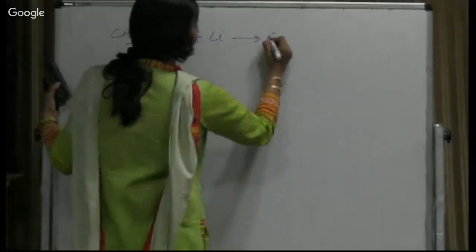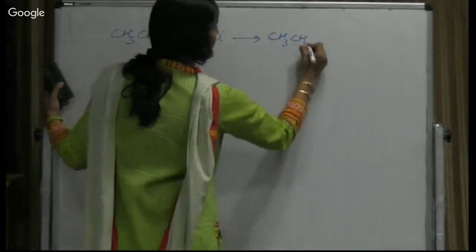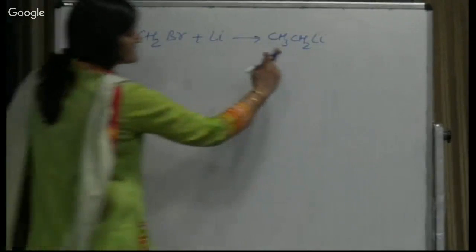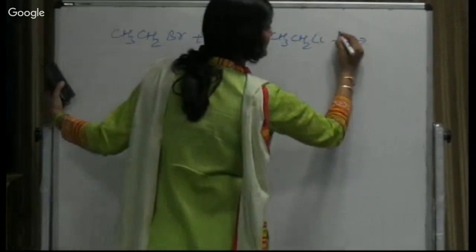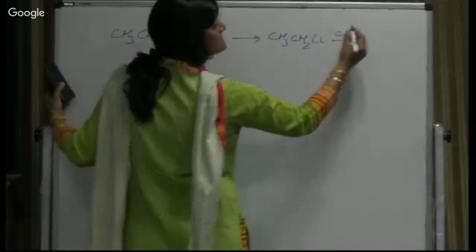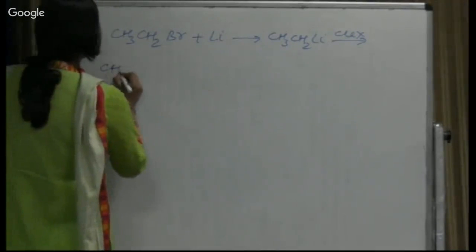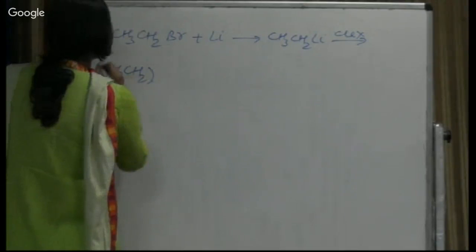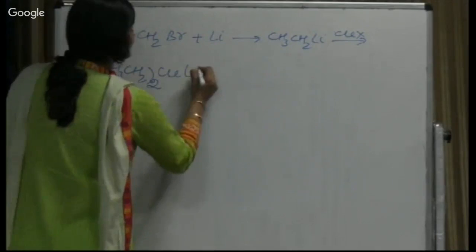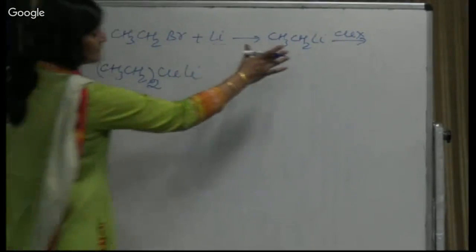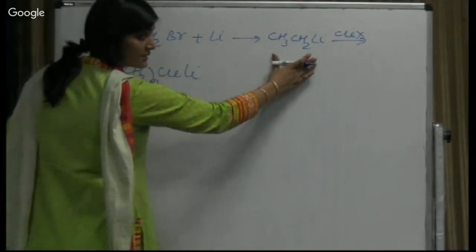Take the alkyl halide, react it with lithium, and you will get alkyl lithium being formed. This alkyl lithium you react with cuprous halide, and the product will be two of these molecules combining.